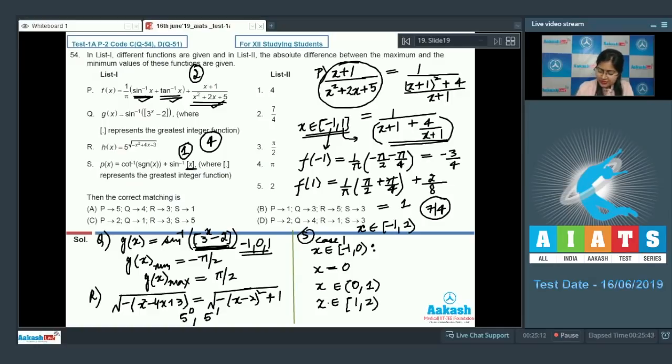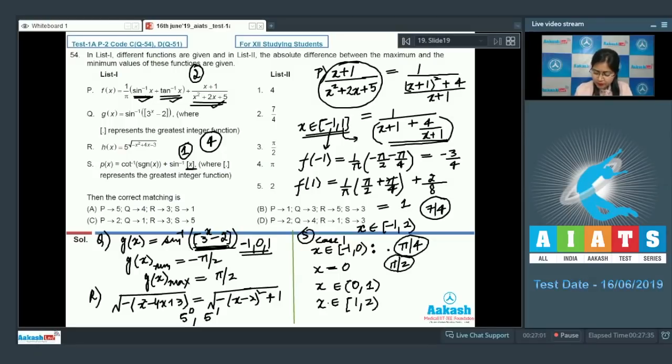Right? Now for this case, signum of x will be minus 1. So cot inverse of minus 1 is pi by 2 plus pi by 4, and sine inverse minus 1 is minus pi by 2. So we will get here pi by 4. Now next, for x equal to 0, the second term will be 0, and cot inverse 0 will be pi by 2.